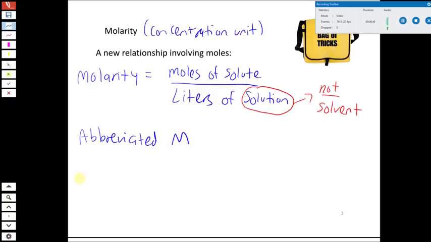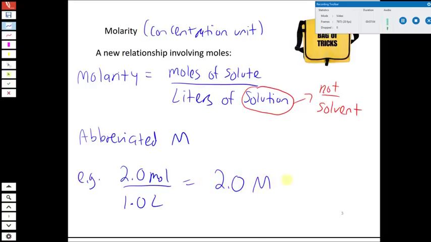So as a simple example, if we take 2 moles of solute and make 1 liter of solution, again, enough solvent to make a total volume of 1 liter for the mixed solution, that will be what we would call a 2.0 molar solution. So the terminology, we call it a 2.0 molar solution, big M telling us that it's moles per liter, okay?